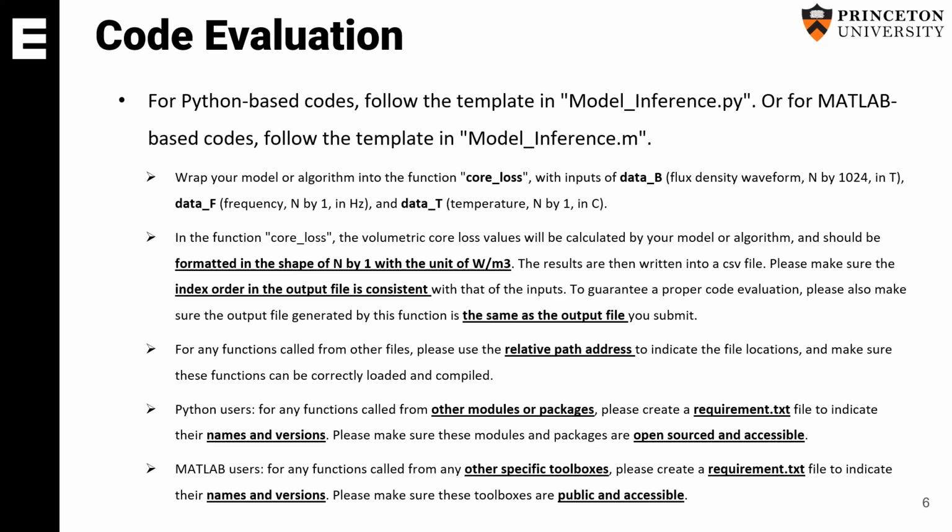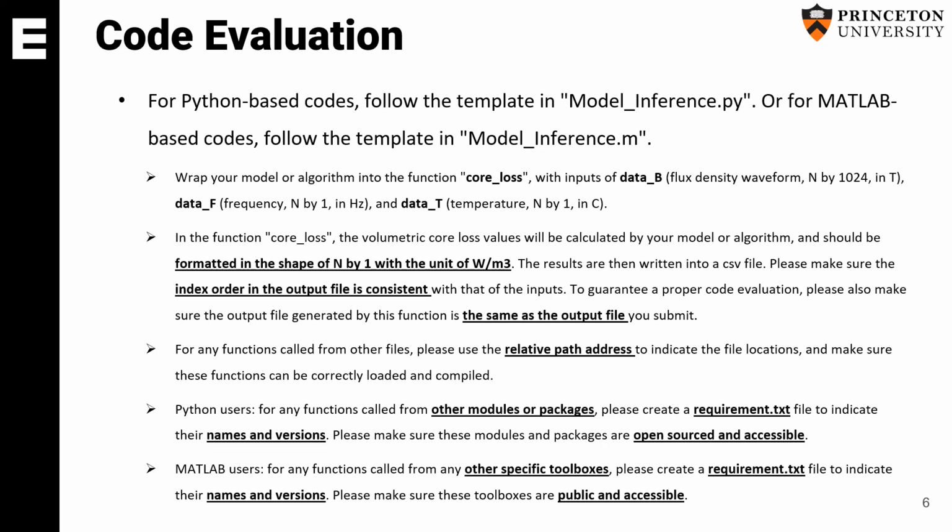In this function colors, you're gonna integrate all your own model or algorithm into it, and in the end, your model should generate the colors output as a single column vector, in the unit of watts per cubic meter. Then this result will be written into a CSV file, and this is supposed to be the one that you submit for your final submission.